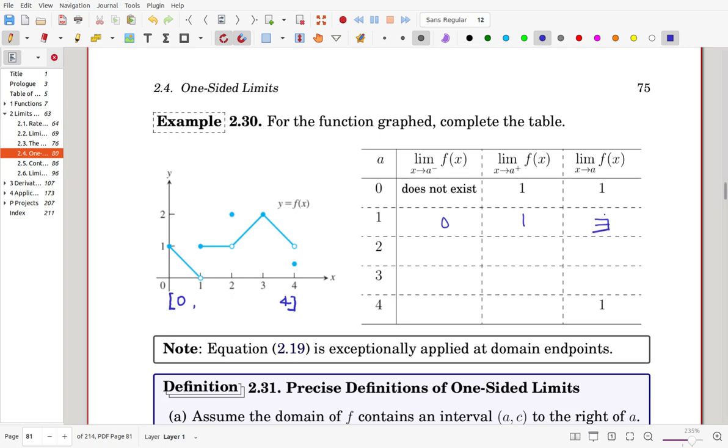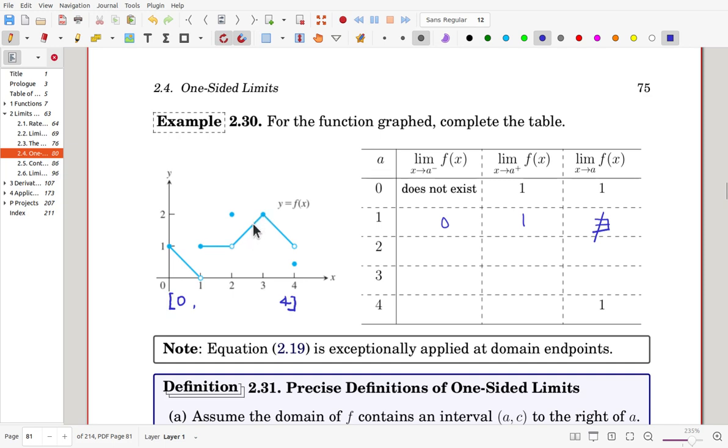How about 2? Once x approaches 2 from the left-hand side, then the value is all the way 1.